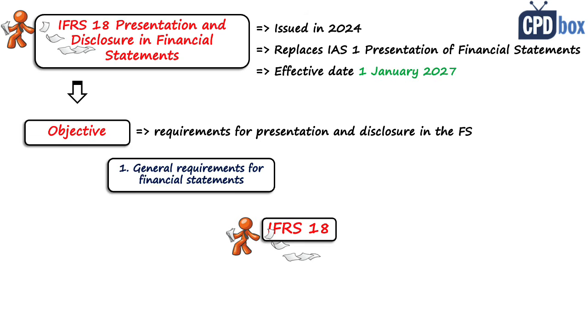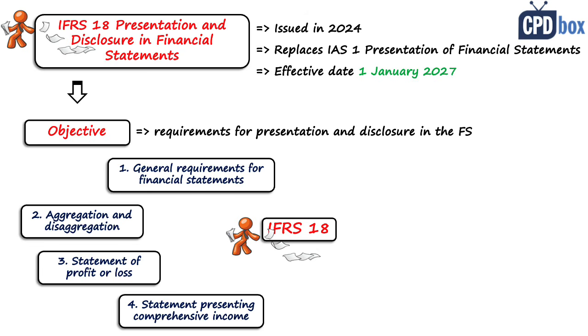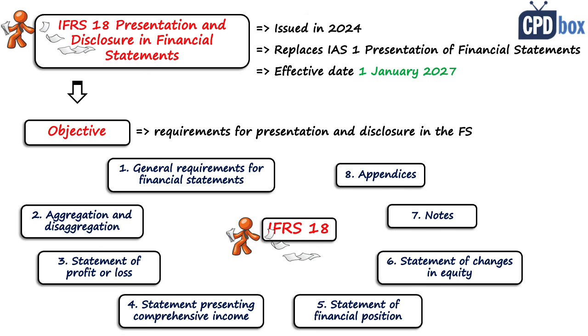First, general requirements for financial statements, aggregation and disaggregation, and then the parts dedicated to individual statements like statement of profit or loss, statement of other comprehensive income, statement of financial position, statement of changes in equity, notes, and appendices with defined terms and additional guidance, which is, by the way, as mandatory to apply as the rules in the standard itself. So let's start with the general requirements.